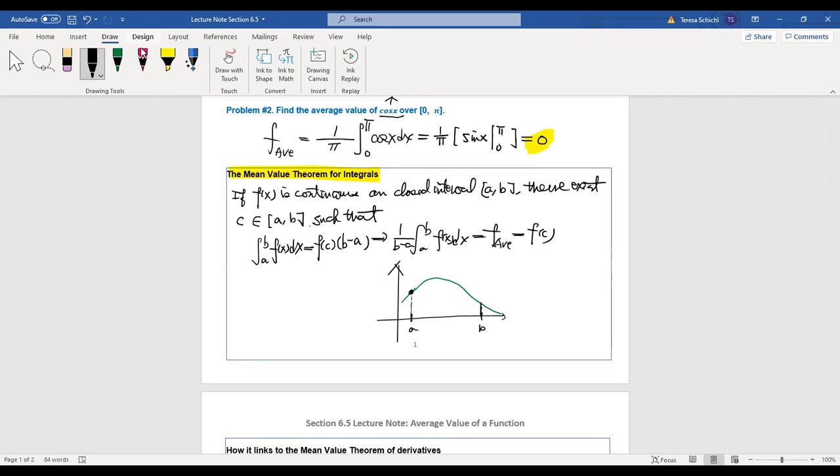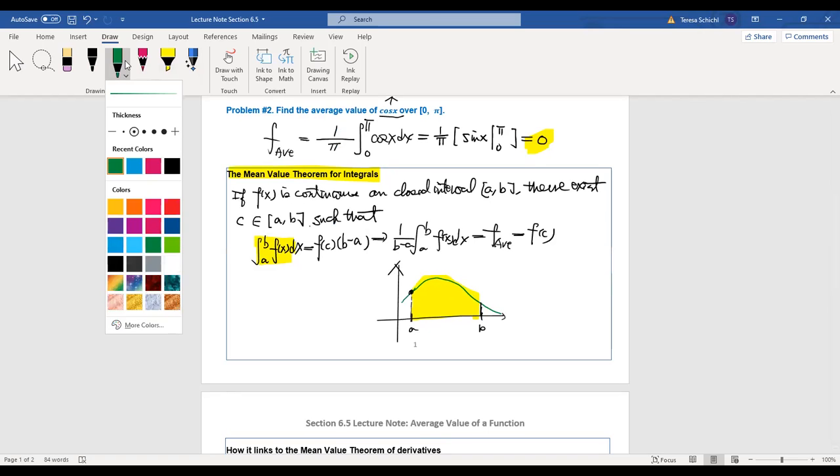Now let me color code that for you. The integral from a to b of f of x dx means this is the area under the curve. So what does the mean value theorem tell you? It says you can find a value here, maybe in here.